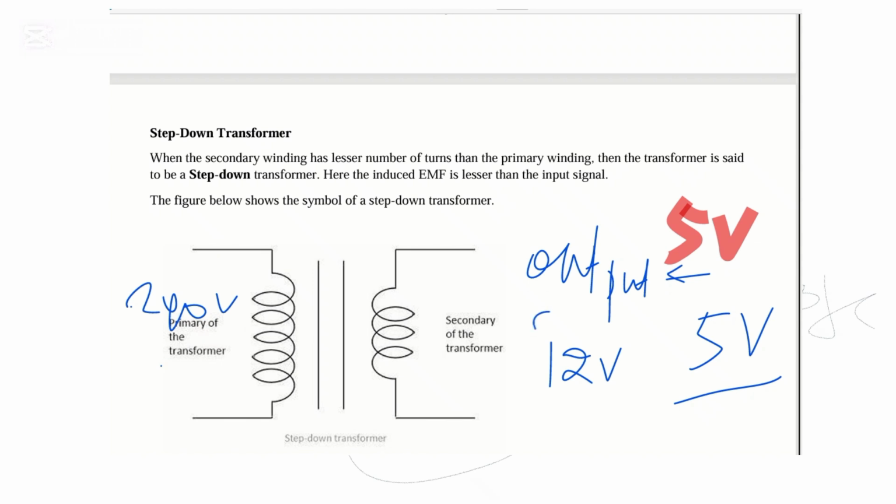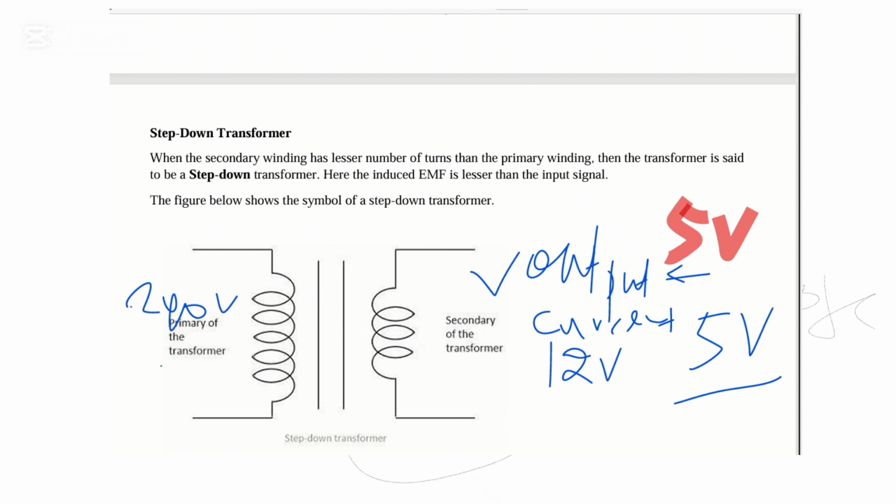This output is output voltage. You also have to know the output current of your power supply. How much current? What is the current you want to achieve at the output? Then you choose your transformer.